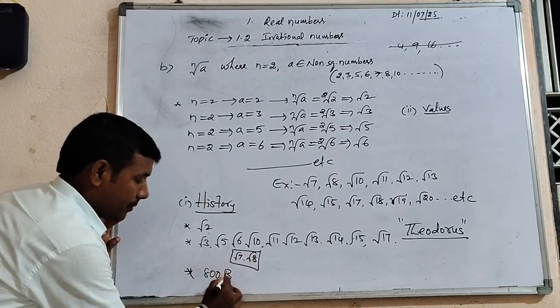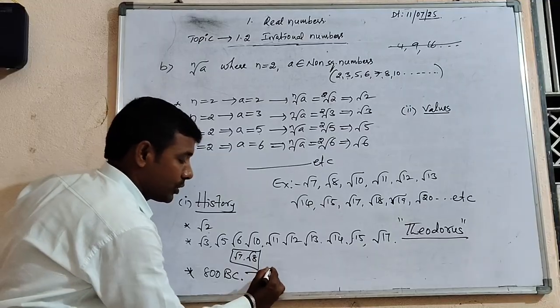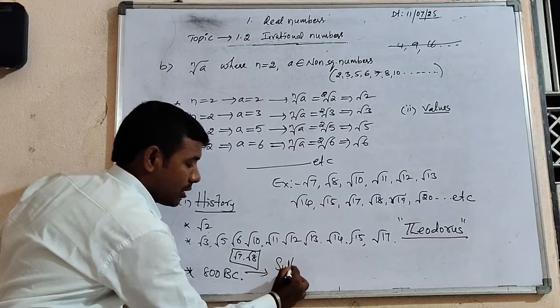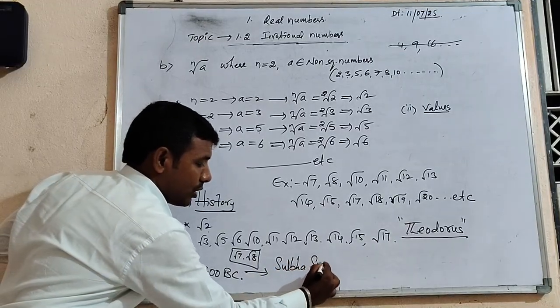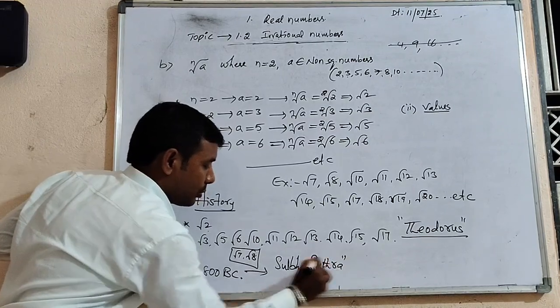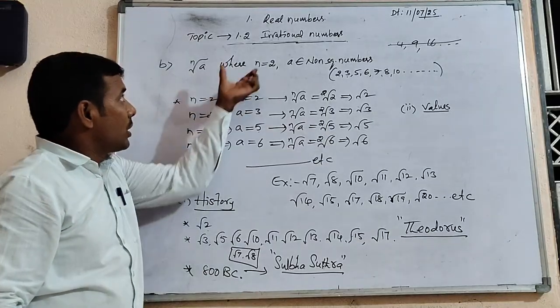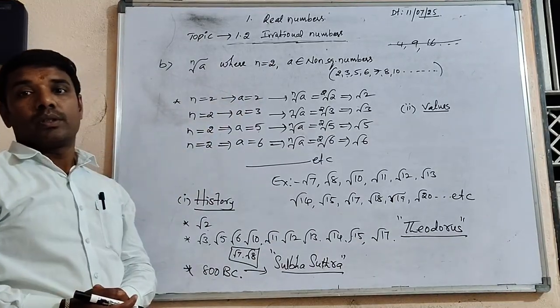In 800 BC, there was a book. That book's name is Sulabha Sutra. In this book, we can observe irrational number concepts.